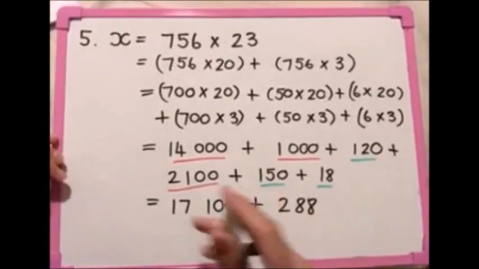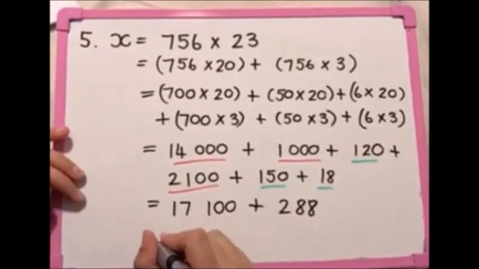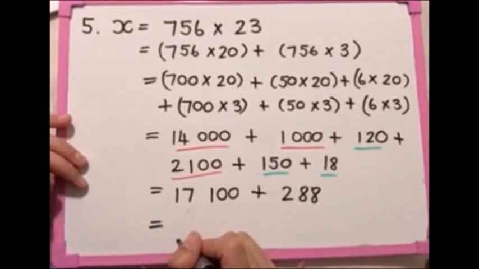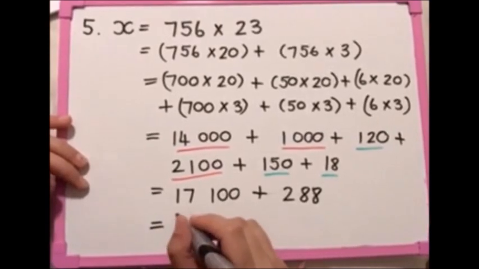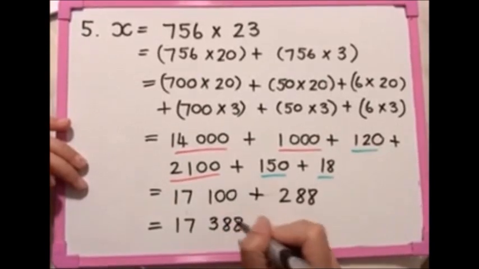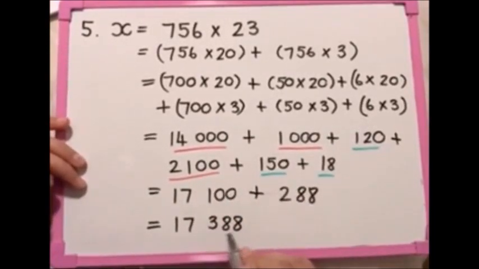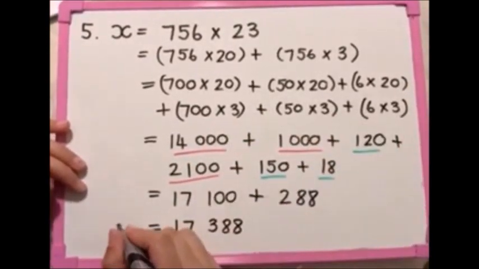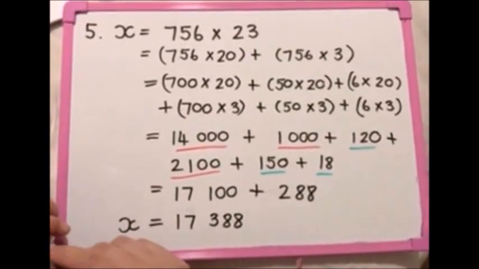By making these 2 groups, it just makes it simpler to add up. And now 17,100 plus 288 gives me 17,388. You can decide on your own grouping.